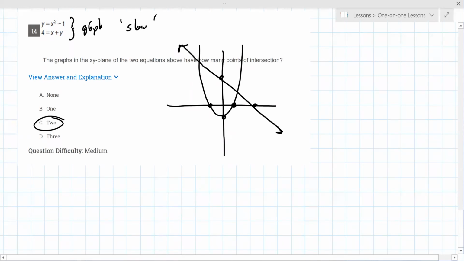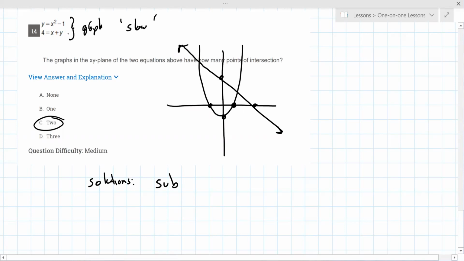This one I just wanted to talk through because there are a lot of possibilities. You could graph this one. As long as your window is reasonable, you would see that there are 2 solutions. I think it's worthwhile for us to find the solutions. To do that, you always use substitution, because that is the only way to solve these linear and nonlinear problems.